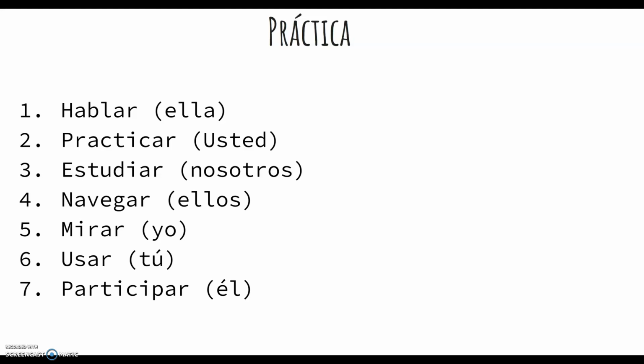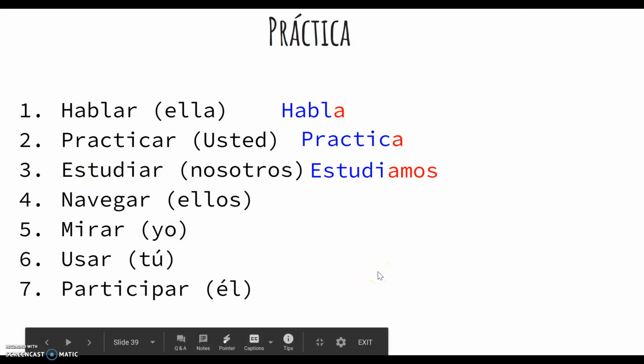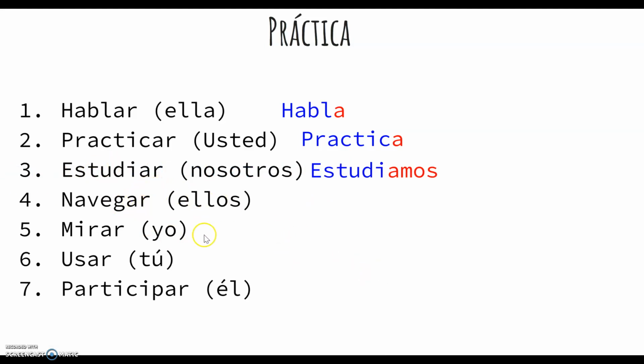Okay, so you should have had the following. Okay, for ella would have been habla. Practicar for usted becomes practica. Okay, so notice it's the same ending but different subjects. Okay, estudiar becomes estudiamos. Navegar becomes navegan.